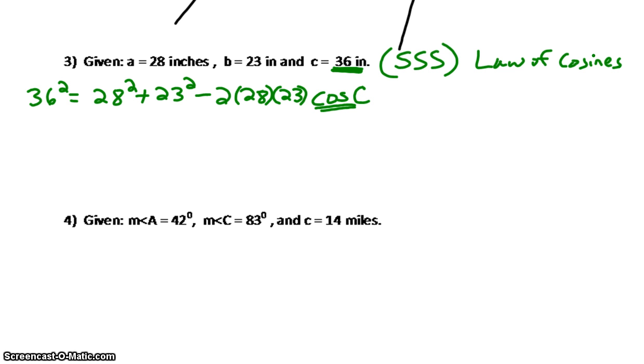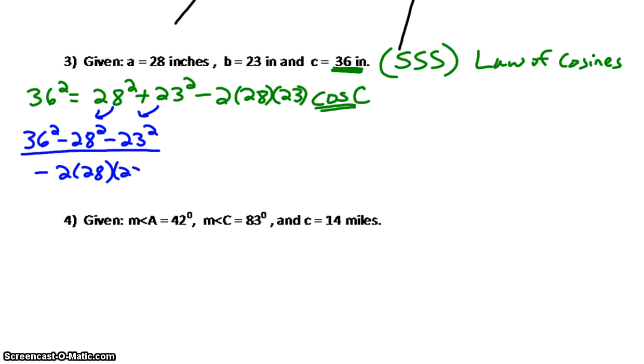So if I solve this, and I'm going to bring this all to the other side, I'm really going to have 36 squared minus 28 squared, subtract 23 squared, all divided by a negative 2 times 28 times 23.